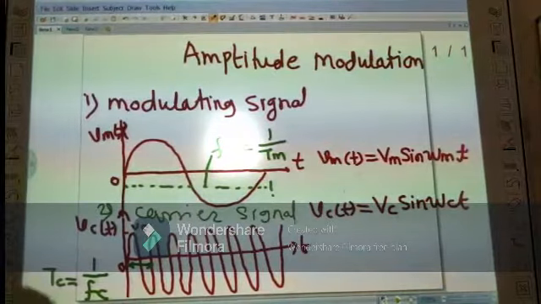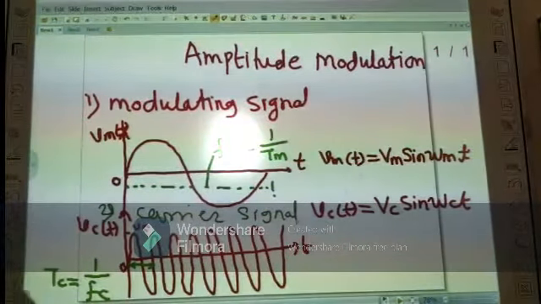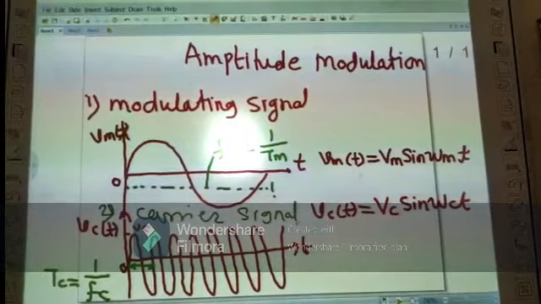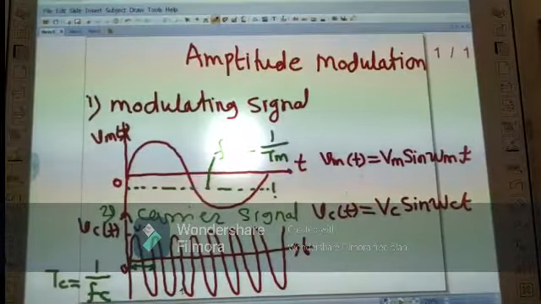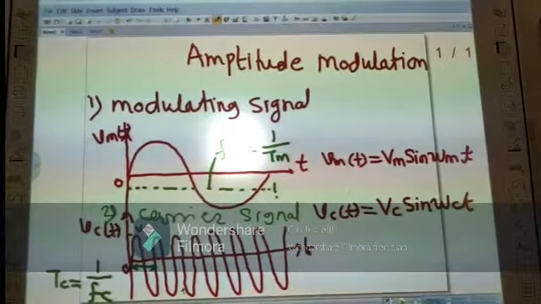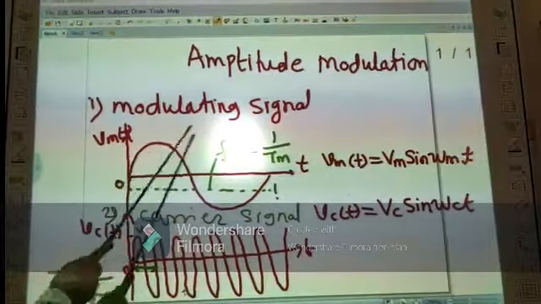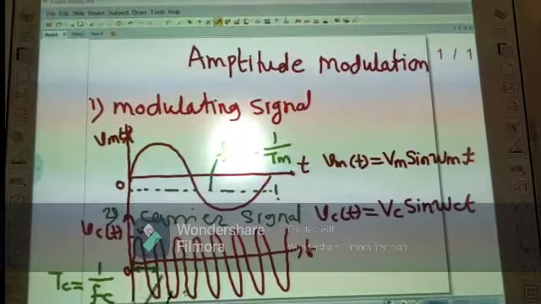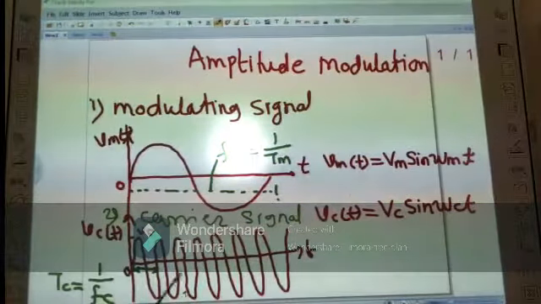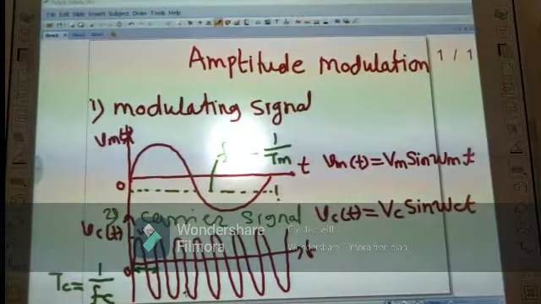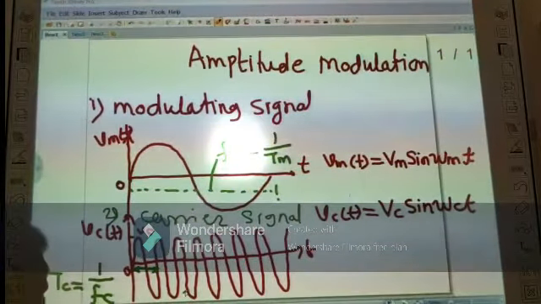In theory, we have seen the basic definition of amplitude modulation, in which the characteristics of the carrier signal get modified as per the instantaneous value of the modulating signal. To transfer the modulating signal over a longer distance, high frequency carrier signals are required.